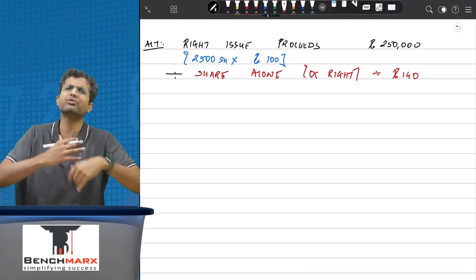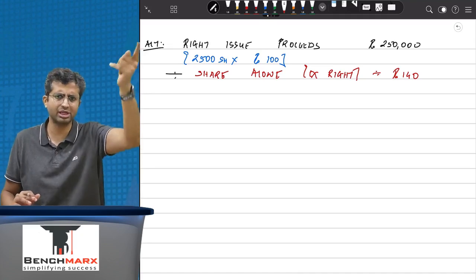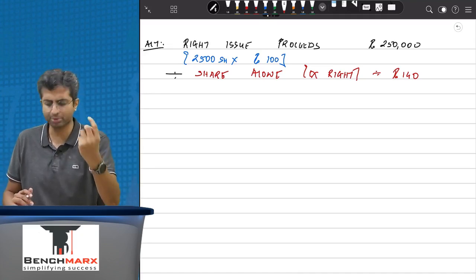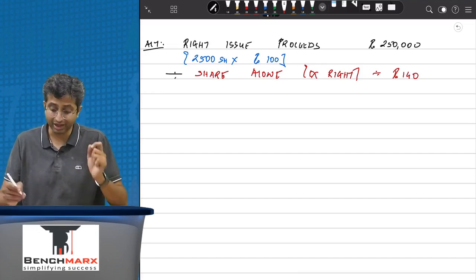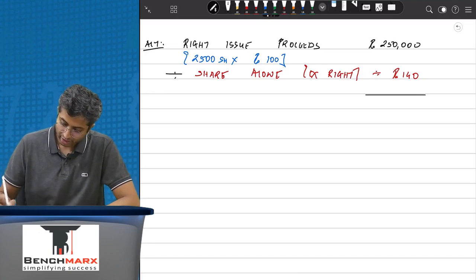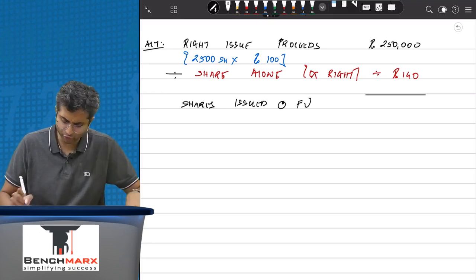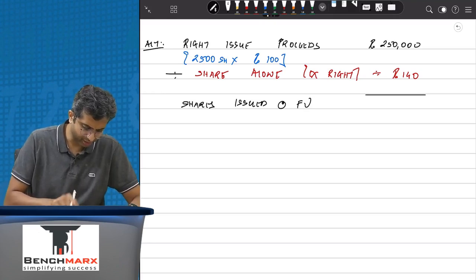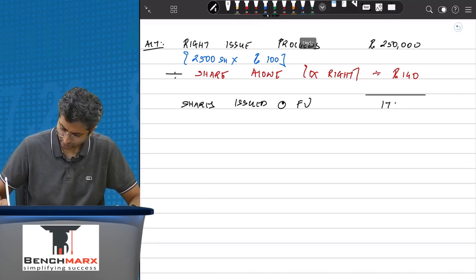But now let us assume we are in a hypothetical setup where the right was never announced and you went to the market and issued these shares. You needed 2,50,000 for a project. You issued shares and raised 2,50,000 at the fair price, and hence the shares to be issued at fair value would have been ideally 2,50,000 divided by 140, which would have been 1786 shares issued for a consideration.